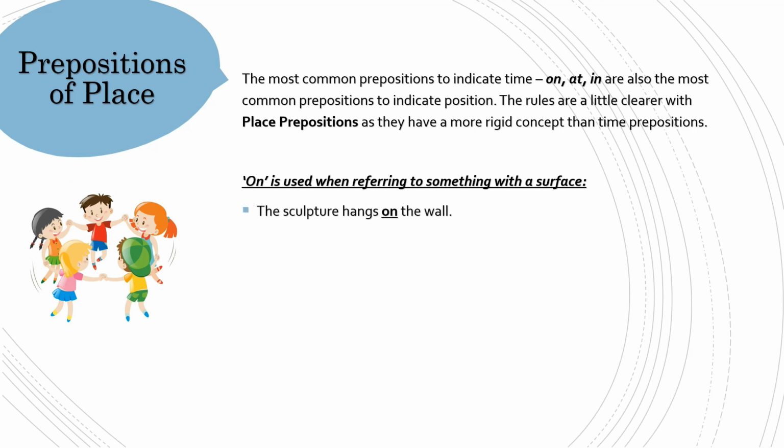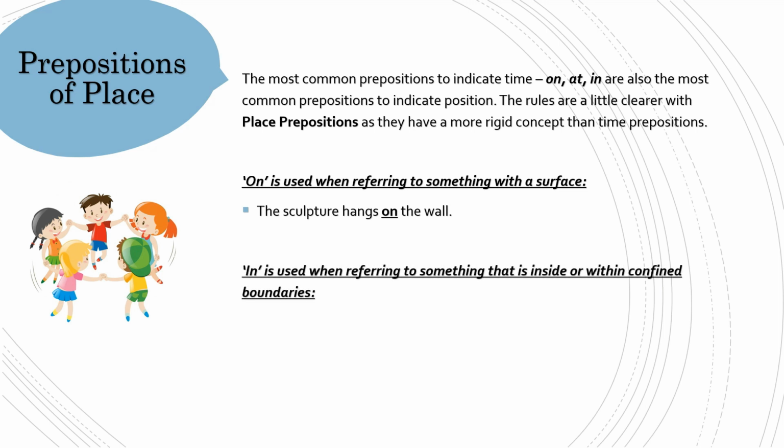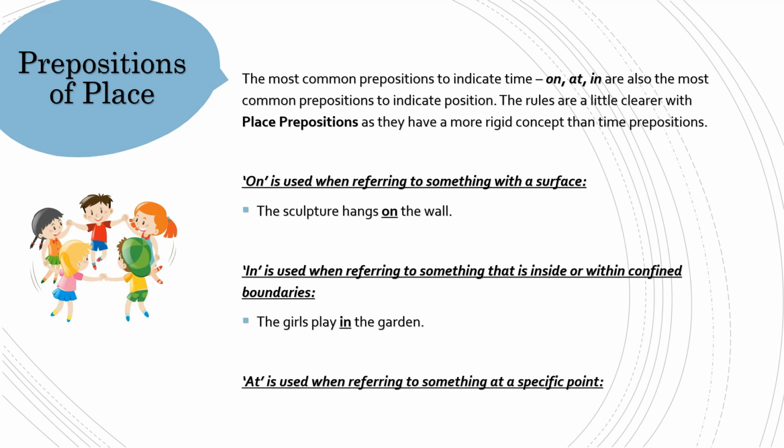The sculpture hangs on the wall. In is used when referring to something that is inside or within confined boundaries. The girls play in the garden. At is used when referring to something at a specific point. We will meet at the airport.